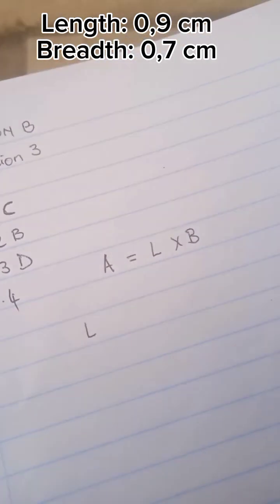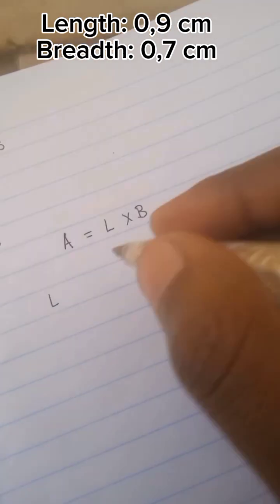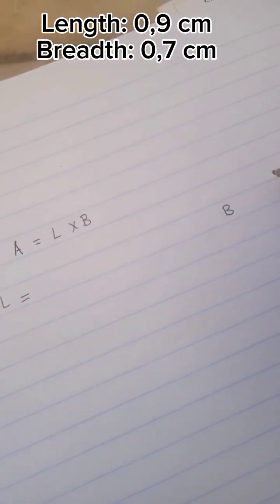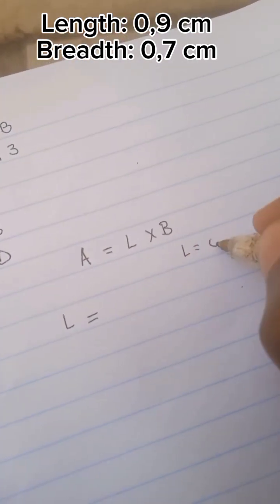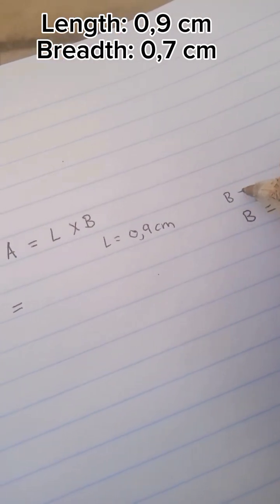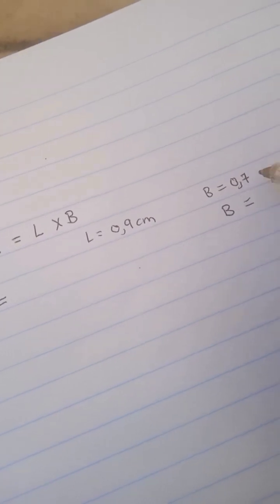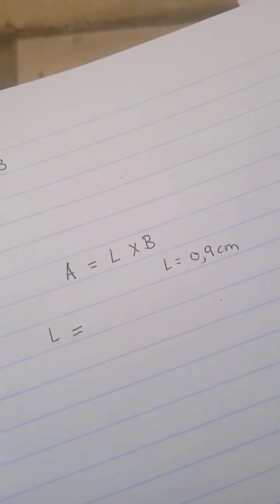Then we calculate the length separately, breadth separately. So we are given that the length is 0.9 centimeters and that the breadth is 0.7 centimeters. So let's get on it then.